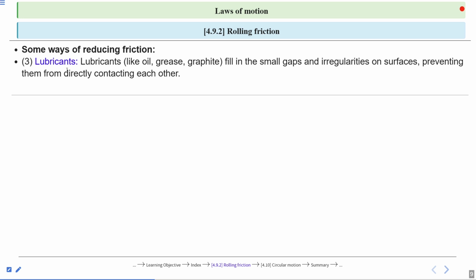So we can say lubricants are the best method to reduce friction between two objects. This reduces the resistance to motion and allows for easier movement. So lubricants give the path for an object to move easily.